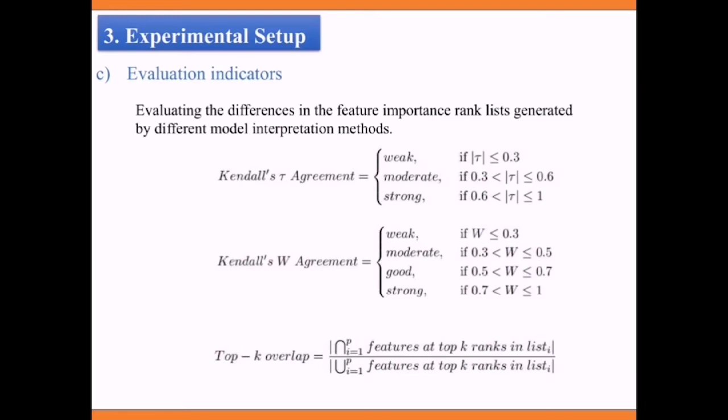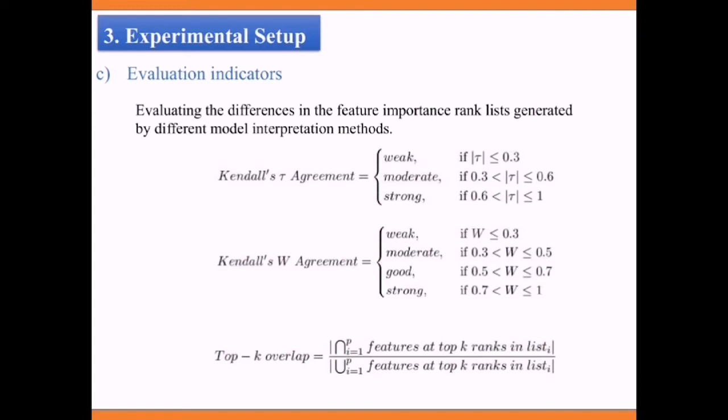We evaluate the differences in the feature importance rank lists generated by different model interpretation methods. We introduce 4 evaluation indicators: Kendall's tau coefficient, Kendall's W coefficient, top-k overlap for k equal to 3, and top 1 overlap.